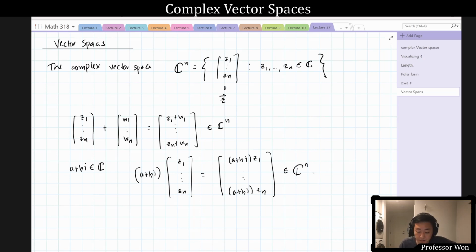Okay, so null spaces work the same. Row reduction actually works the same. You just need to allow complex scalars.